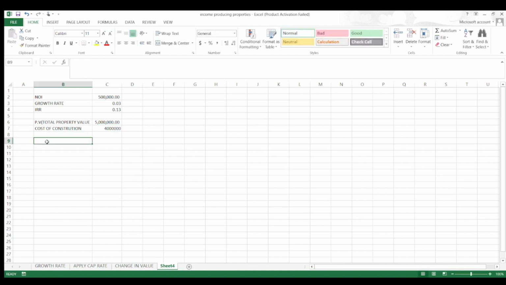So now we can estimate the land value, which will be equal to the total property value less the current cost of construction. So we find that our land value in this case is actually 1 million.